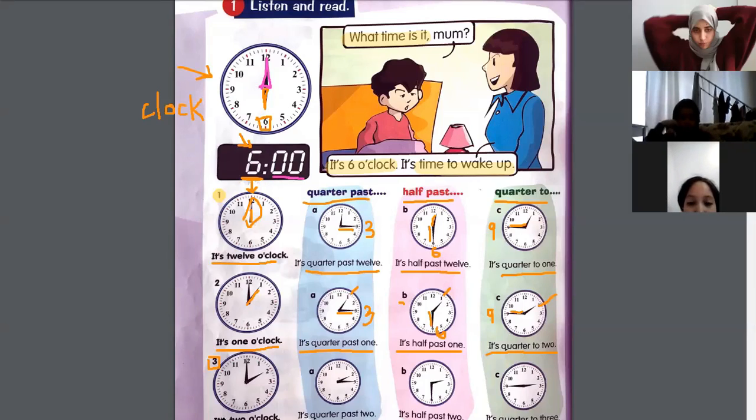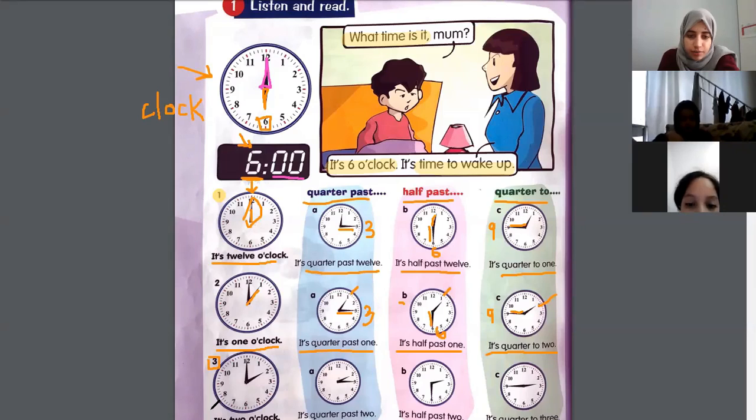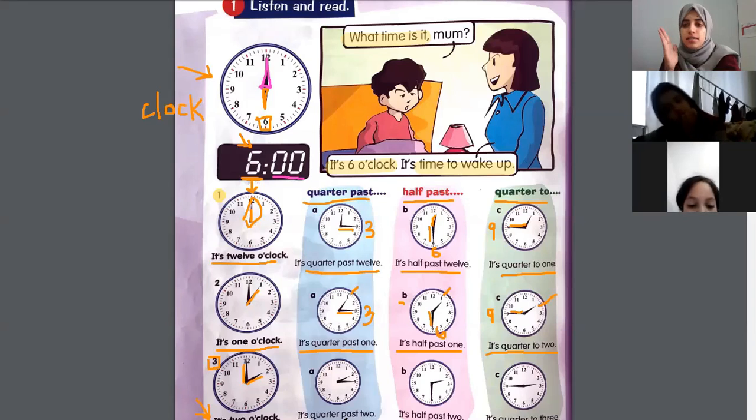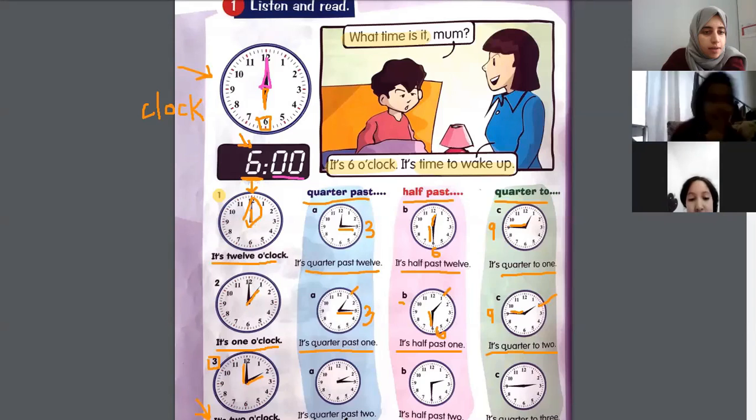I underlined it for you. It's 2 o'clock. Excellent. It's 2 o'clock because the short hand is at 2 and the long hand is at 12. So when the long hand is at 12, you only need to say the hour. Thank you, Zainab.